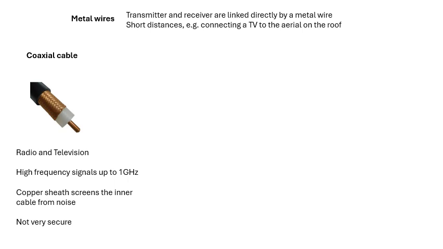You've got some shielding. This copper on the outside shields it from noise, and it's pretty good at that. Not very secure, though. If you're carrying sensitive information, like your bank details going down the internet, then it is hackable in terms of picking up the signal and naughty people doing things with it. But anyway, that's a coaxial cable.